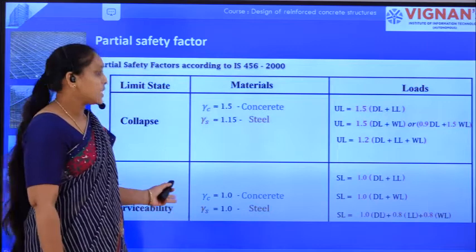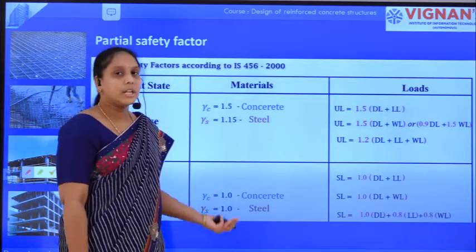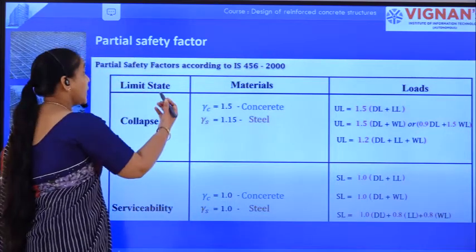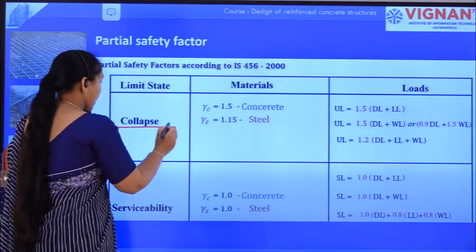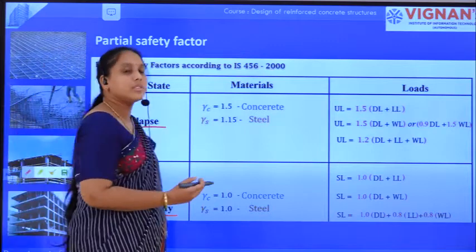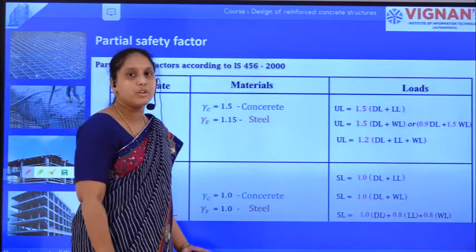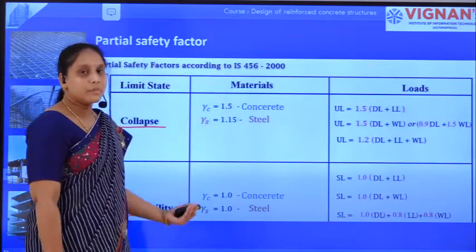This table is given in IS 456-2000. Here we have two limit states: one is the limit state of collapse and the other is the limit state of serviceability. As we discussed previously, multiple safety factors are used in the limit state method of design for different load combinations. So these are the multiple safety factors.